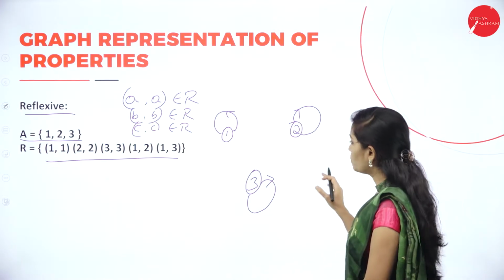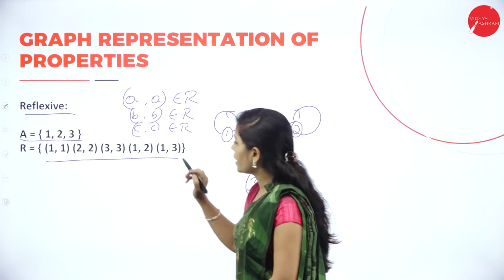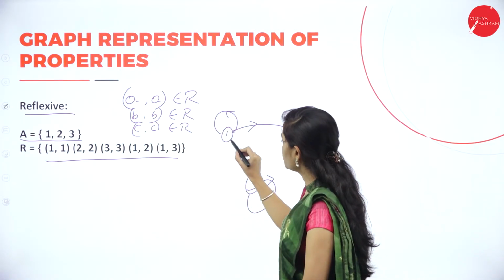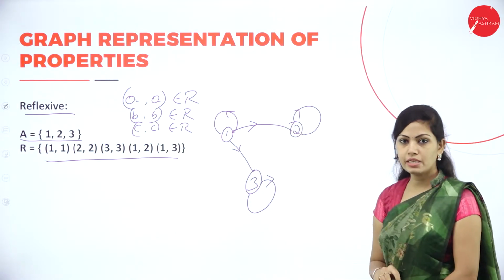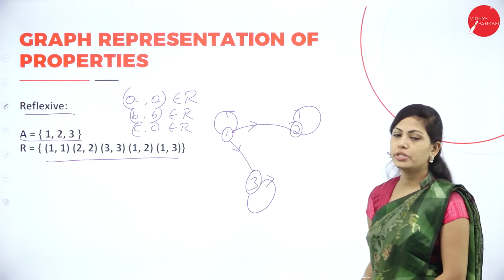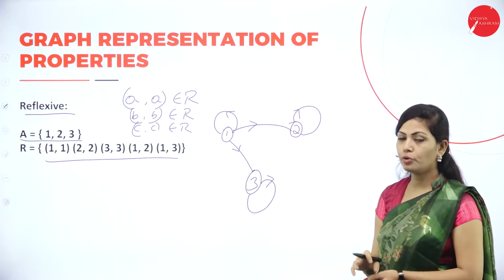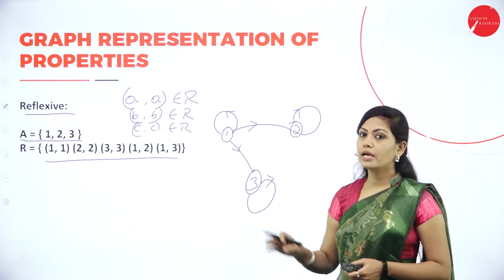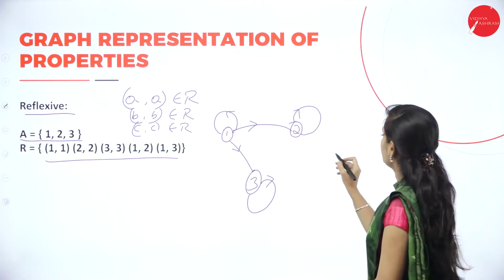So self loop on every vertex. And again we have 1 to 2 and 1 to 3. So this is your directed graph for this relation R. For every element we got a self loop, then we can call it a reflexive relation. So self loop on every vertex is called reflexive.